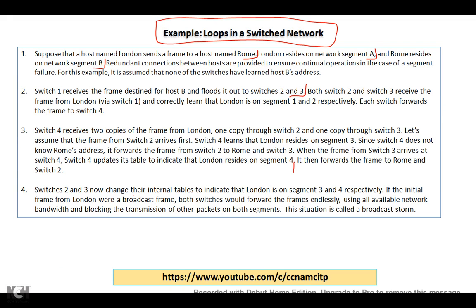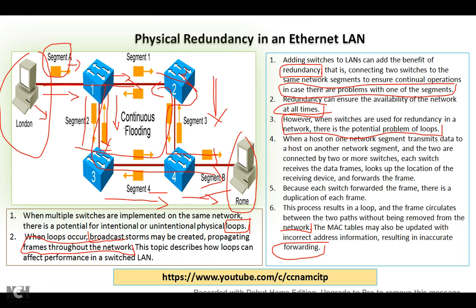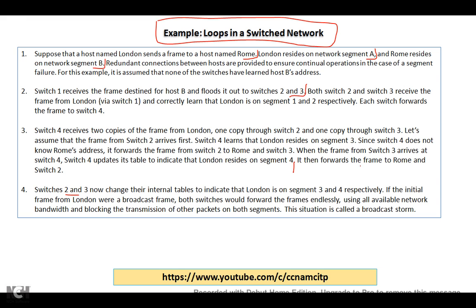Switch 2 and 3 now change their internal table to indicate that London is on segment 3 and 4. So if we see switch 2 and 3, they are updating their table with the information about segment 4. So what is happening here now?